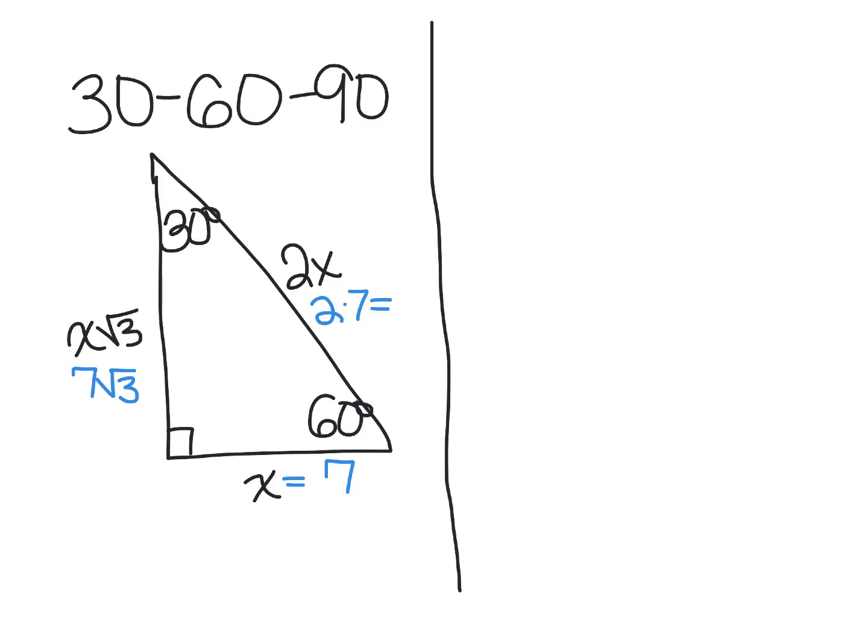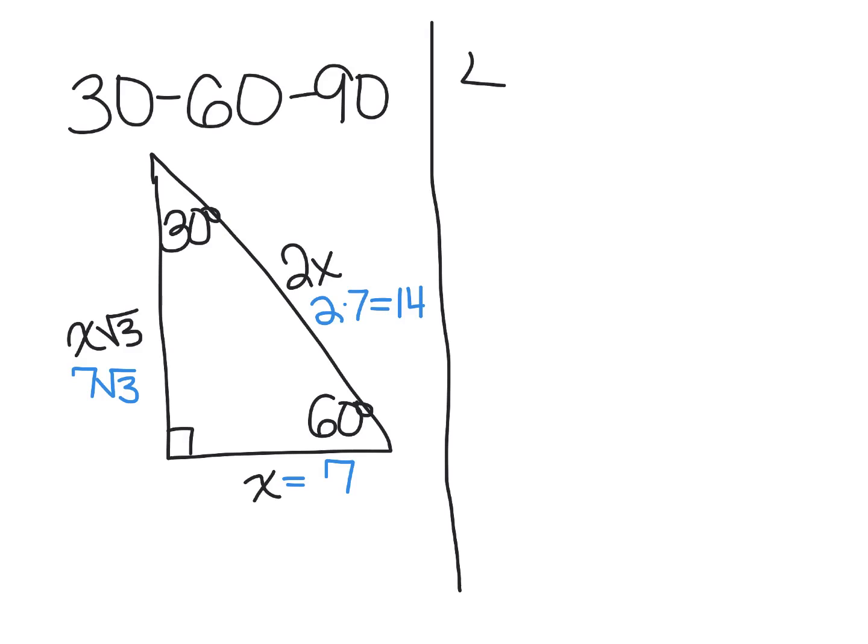So my hypotenuse would have a value of 14. So that's just giving you an example of what happens for each of the sides. And that's the pattern that we see, that we have x times the square root of 3, and then 2x. 2x is always going to be the hypotenuse, since it would have the largest value. The hypotenuse is always the longest side.